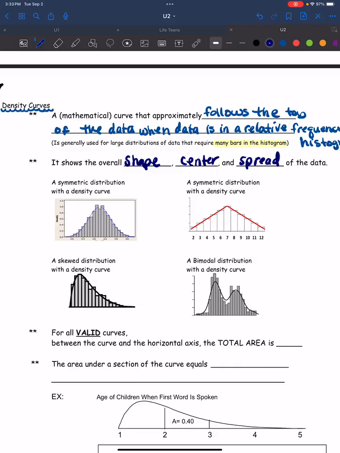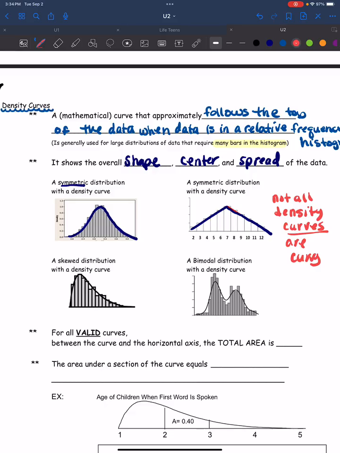Here's a density curve that follows the top of that histogram. If we were to describe that, we would say it probably looks pretty symmetric. This one as well is also pretty symmetric, following the top of this. Maybe a note that you make to yourself is not all density curves are curvy. Here, it comes to a nice point.